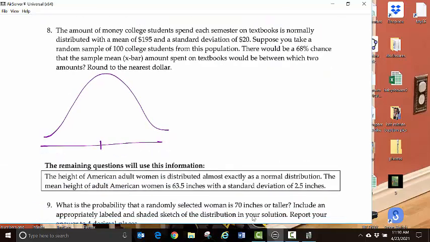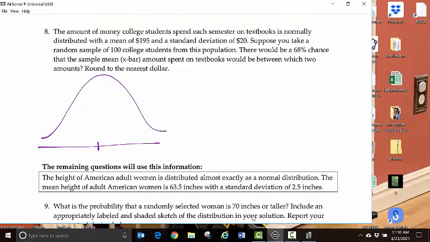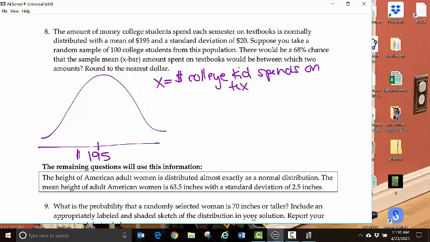All right, so you're centered. Do you still need that, Jacob? Are you good? Okay. You're centered at $195 with a standard deviation. So you could say this: X equals the amount of money a college kid spends on textbooks.